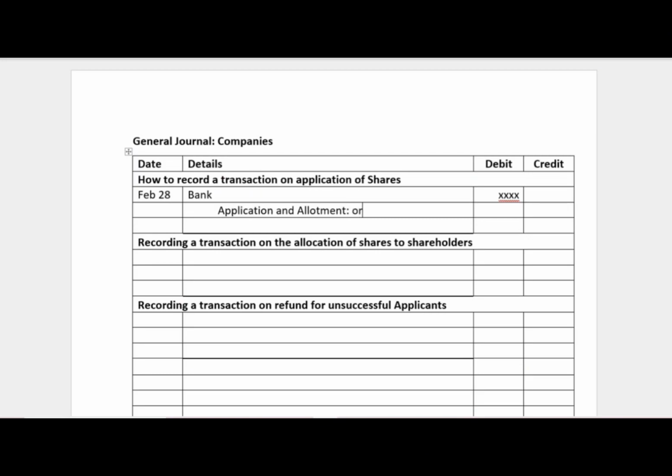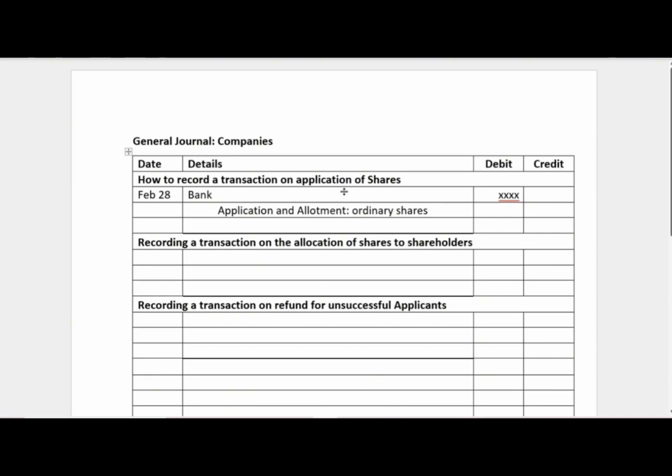You can indicate there ordinary shares. All right, and then you can narrate to say received application monies for ordinary shares. Okay, this is how you record the transaction on application of shares, right?